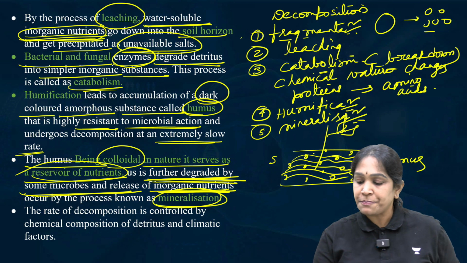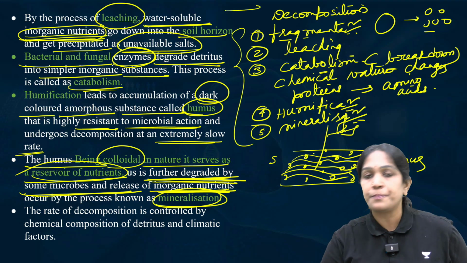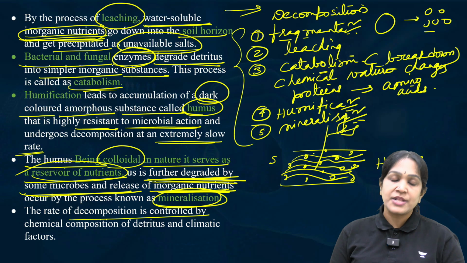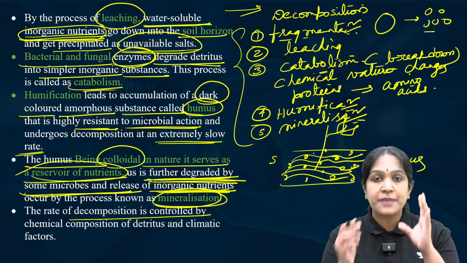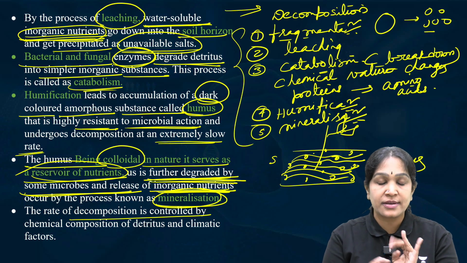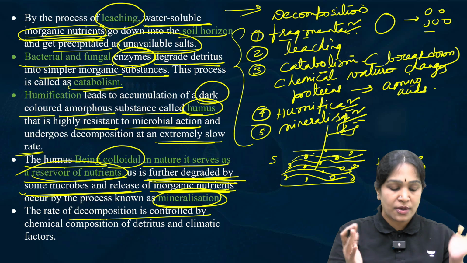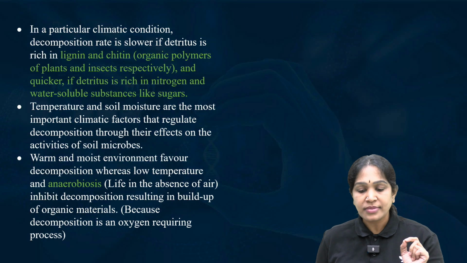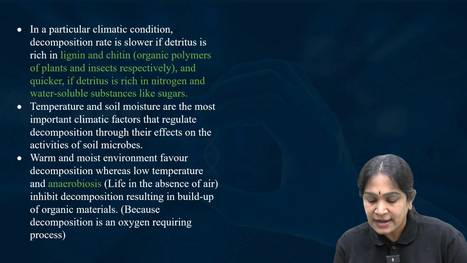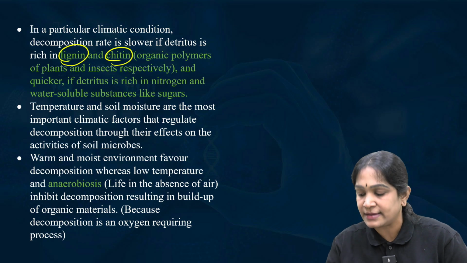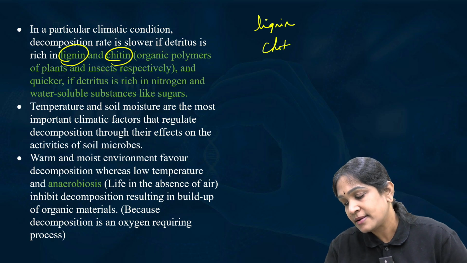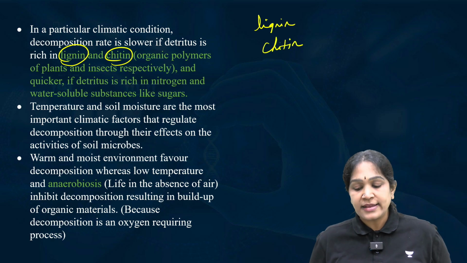This 5-step process is called decomposition. The rate of decomposition depends on various factors: the types of microbes present, the humidity, the temperature, the amount of acid present in the soil, etc. For example, if the soil is rich in lignin and chitin, what are lignin and chitin?